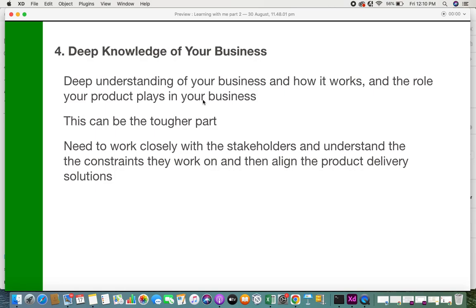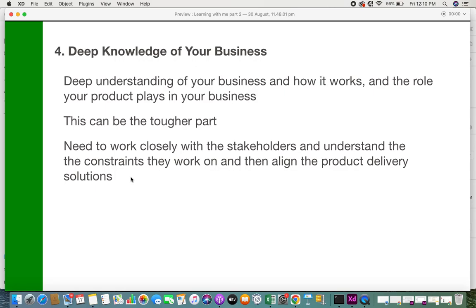So it's very important that you work closely with stakeholders and understand the constraints they work in, and then align your product with the business. It's very important that your product doesn't go off track and is aligned with the ultimate business vision or goal, things like that. Always there needs to be an alignment.